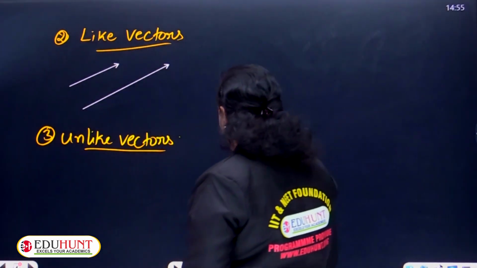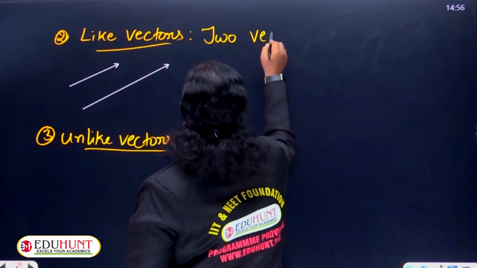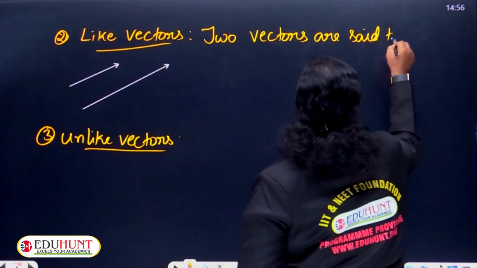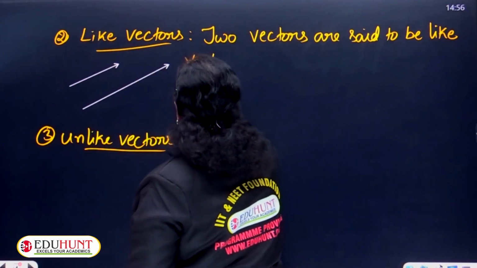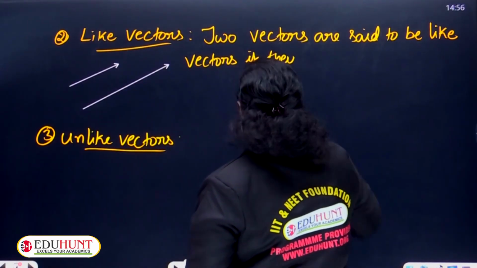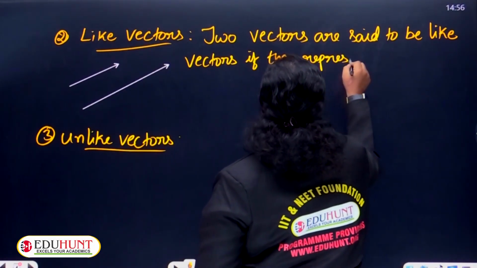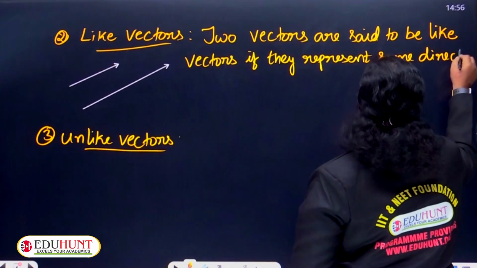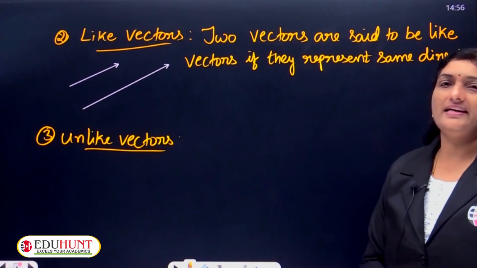So, what are like vectors, children? Two vectors are said to be like vectors if they represent the same direction, and magnitude can be anything.